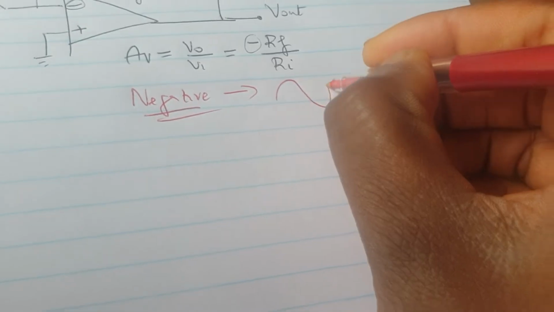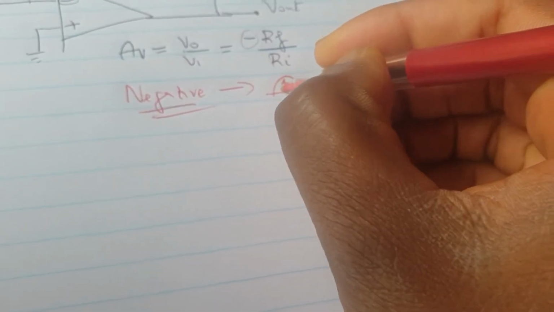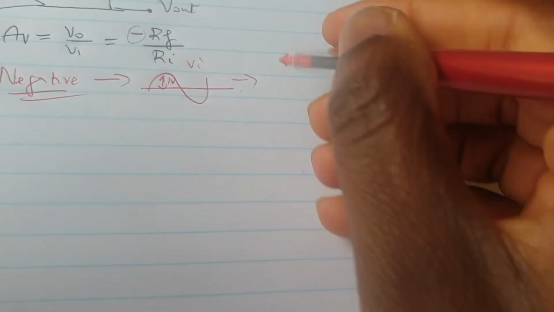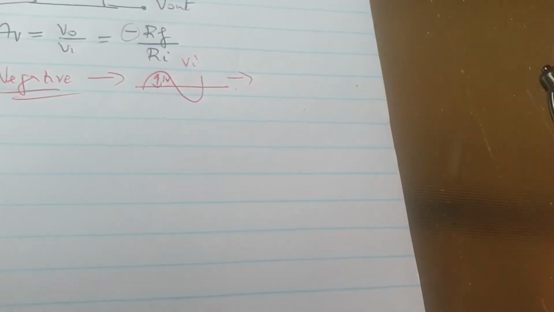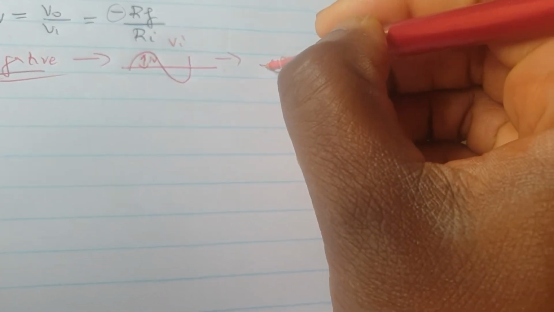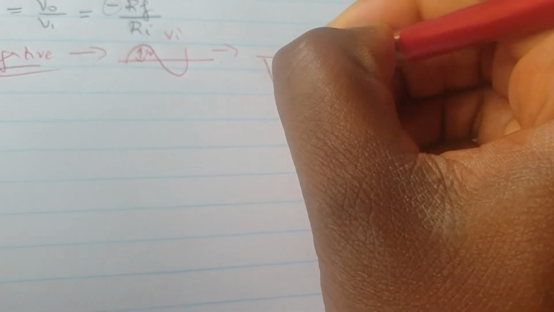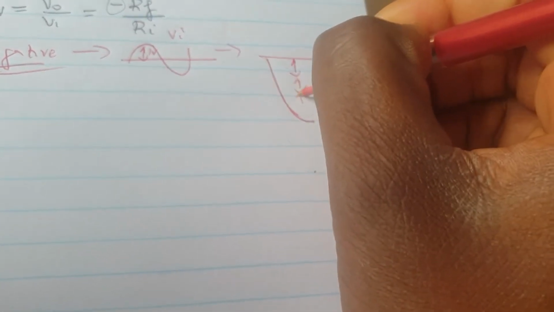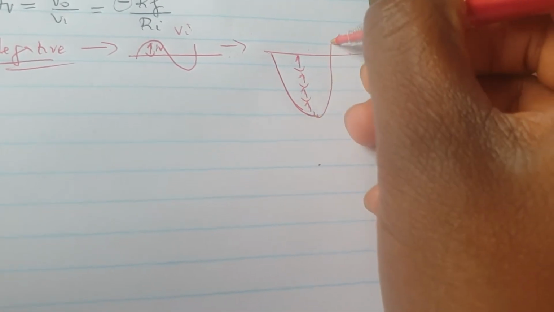So if you've got an input signal, let's say of a peak value of 1 volt, you get on the output, for a gain of, let's say, minus 4, a signal amplified but also with inverted polarity. So you get the amplitude to be 4 times bigger but also inverted polarity.